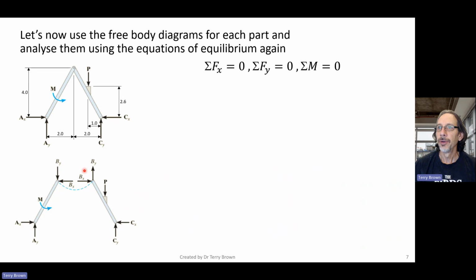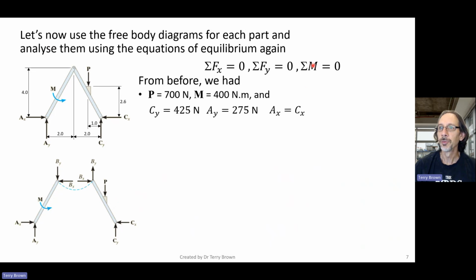All right, so now that we've got our free body diagram, using this right-hand side, let's use our equations of equilibrium. I've just put here what we determined previously on the previous pages. So let's analyze this right-hand side now. We've now got Cy and we don't have Cx yet.